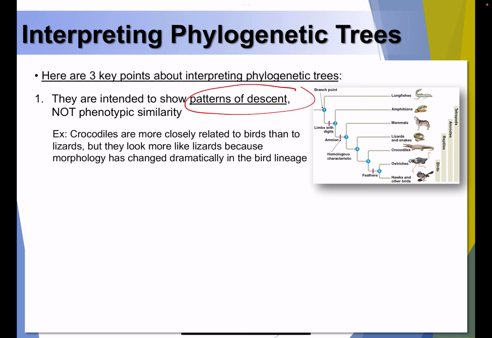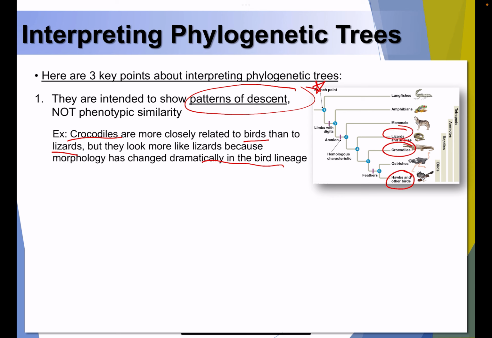What do I mean by that? For example, crocodiles are actually more closely related to birds than lizards, but they look more like lizards because morphology has changed dramatically in the bird lineage. So if you look at this particular phylogenetic tree right here, here are birds, here's crocodiles, and there's lizards.